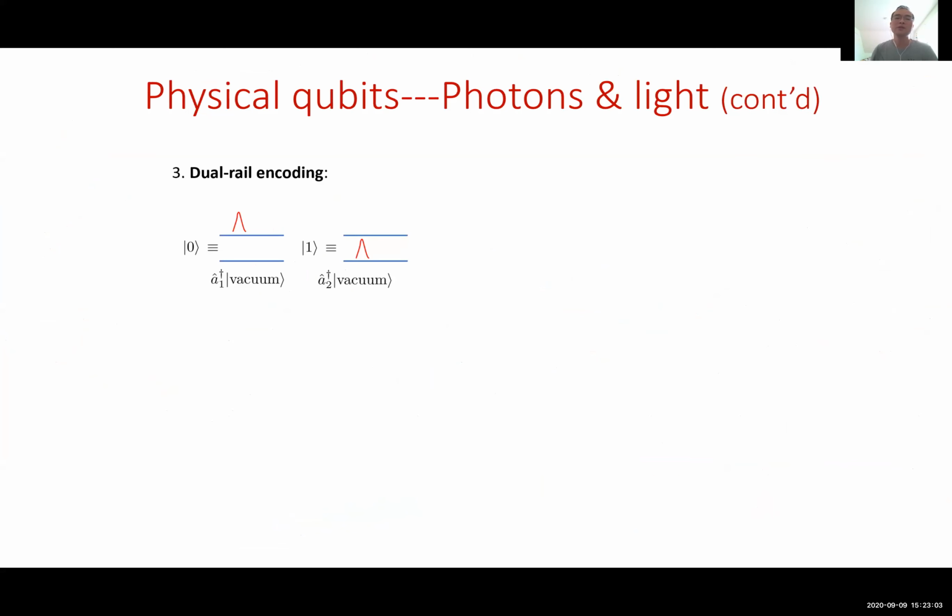So another way of encoding quantum information is a simple way that's called dual rail, meaning that you take either 2 polarizations or 2 modes. People in optics like to call these modes. So there are 2 modes, and you use the presence in one mode as a logical 0, presence in the other as a logical 1.